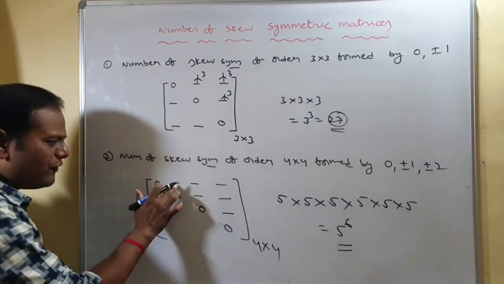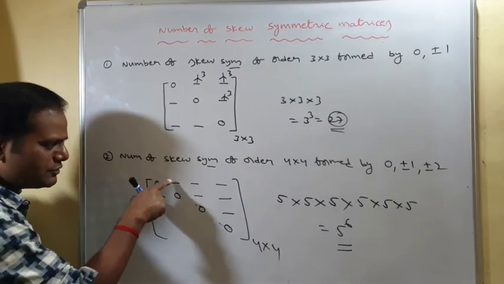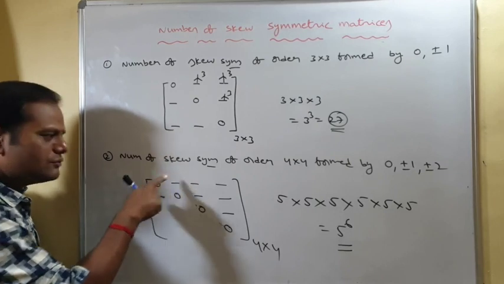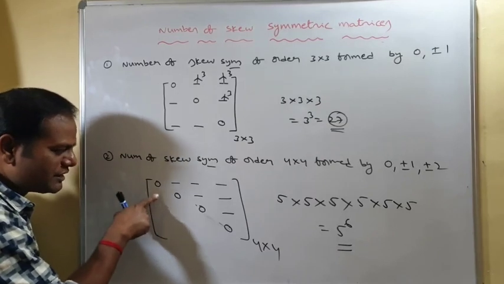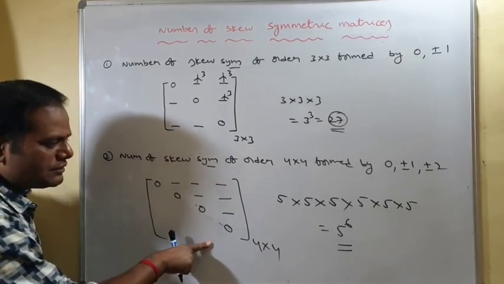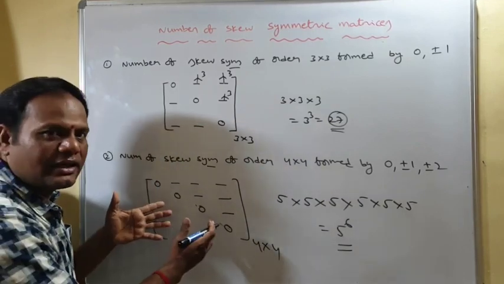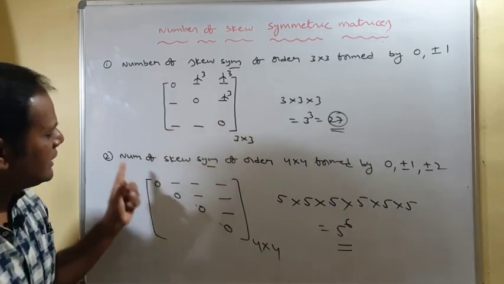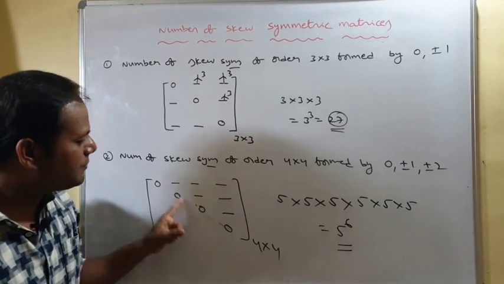So if you fill this gap, automatically here you get one element. Suppose here if you take plus 2, it should be minus 2. If it is minus 2, it should be plus 2. So you don't bother about the remaining gaps in this 4 by 4 matrix. Just concentrate on the upper triangular portion, but anyhow the diagonal elements are zeros. So you have to fill these remaining gaps.